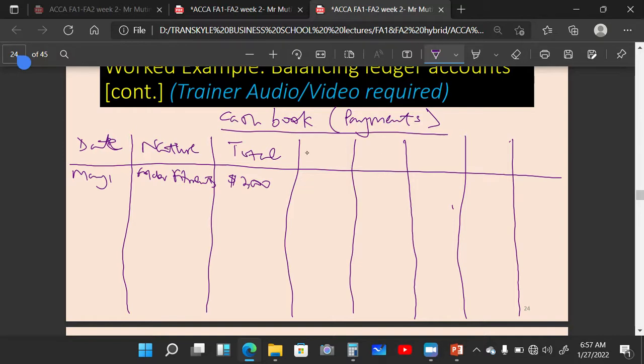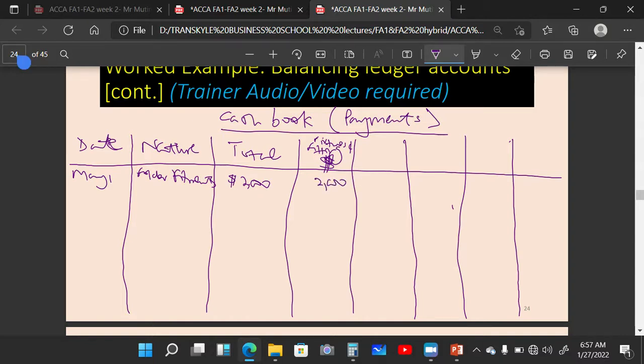These ones were for fixtures and fittings. This is a dollar sign. Fixtures and fittings, $2,000.